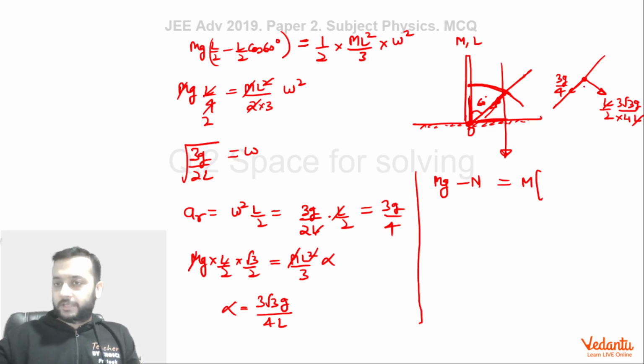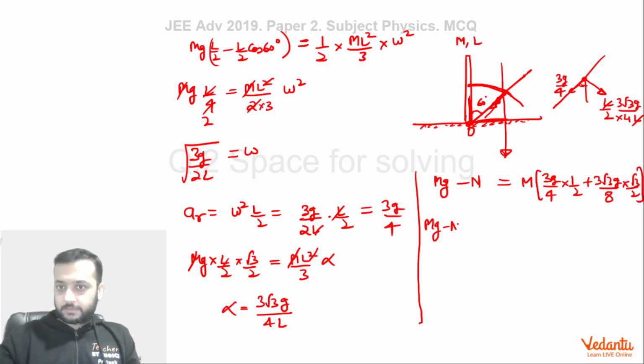We'll have to take the components of both these accelerations in the vertically downward direction. And this angle is 60. So 3g by 4 into cos 60, that means half, plus 3 root 3g by 8 into cos 30, which means root 3 by 2. So what do we get? mg minus normal is equal to m into (3g by 8 plus 9g by 16).